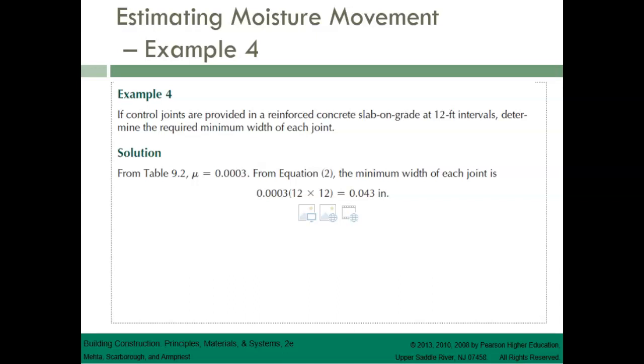From equation 2, the minimum width of each joint is 0.0003 times 12 times 12. So we're converting the 12 feet to inches, and in doing that, we have to multiply 12 times 12. So our total joint width is going to have to be a minimum of 0.043 inches. So that joint's going to end up being about 1/2 of an inch thick.